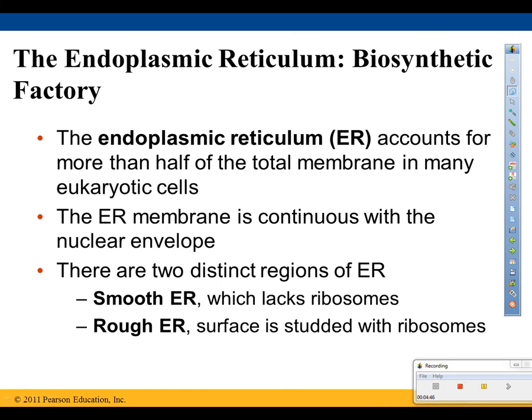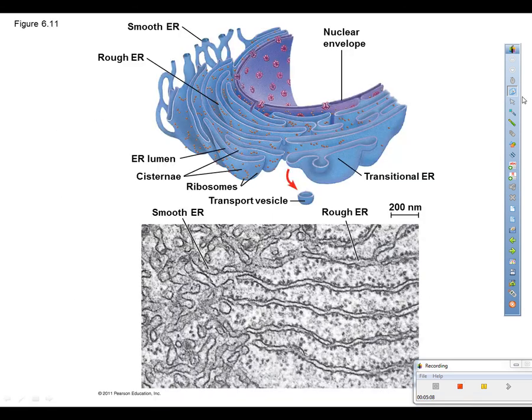The endoplasmic reticulum, we call it the streets of the cell. There's a lot of endoplasmic reticulum. It can be continuous, going from the plasma membrane all the way into the nuclear membrane. We have smooth ER, which we talked about, and rough ER, which is studded with ribosomes. Here's a great picture of it. This can be very extensive, and you can see all the ribosomes.